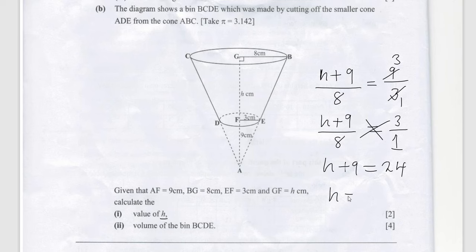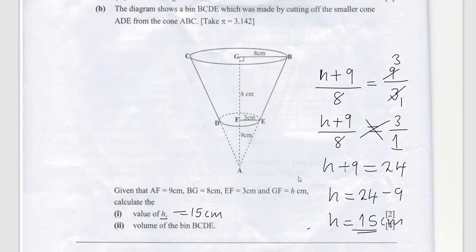We group the like terms, 24 minus 9, so h will be equal to 15. So the value of h is 15 centimeters.